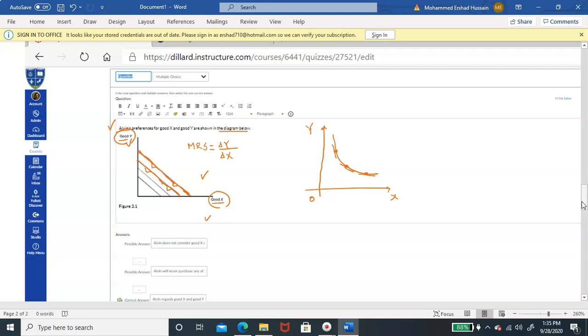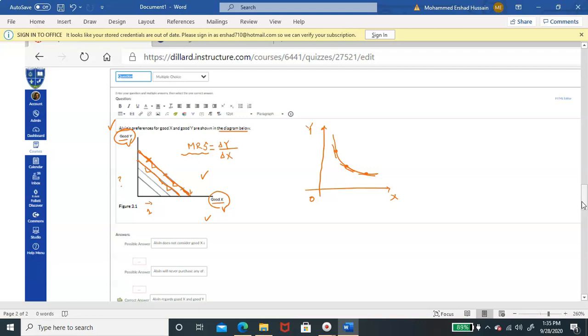MRS, the marginal rate of substitution, means how much Y Mr. Alvin is ready to sacrifice for one more unit of good X. That is what the MRS tells us, and that is also what the slope of his indifference curve at a certain point tells us. And for this straight line indifference curve, this is the same all over.